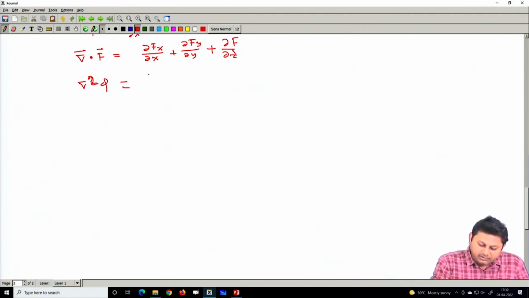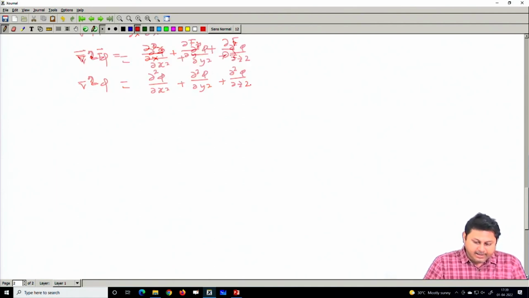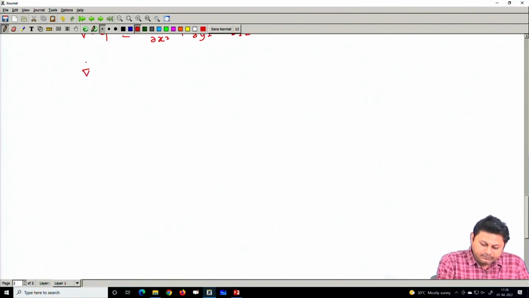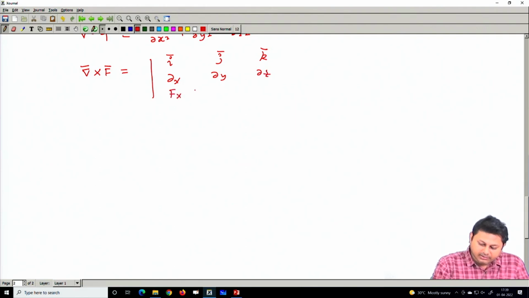It is d2 phi dx square plus d2 phi dy square plus d2 phi dz square, and curl is simply the determinant of i j k, del x del y del z, f x f y f z.